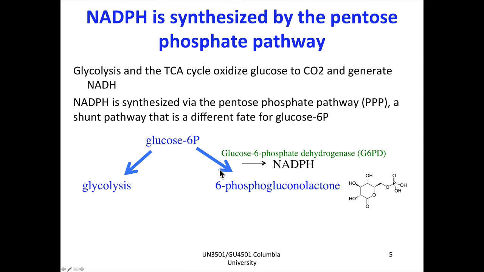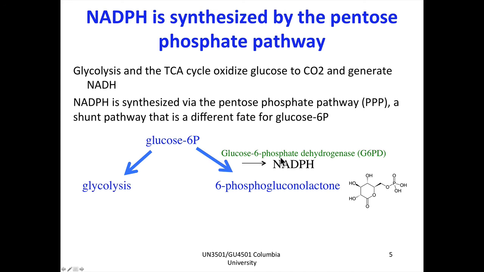So in this oxidation of glucose 6-phosphate to the 6-phosphogluconolactone, NADPH is generated. It's the place where the 2 electrons from this oxidation are stored. NADP plus goes in and NADPH comes out. Now the enzyme that catalyzes this is glucose 6-phosphate dehydrogenase.